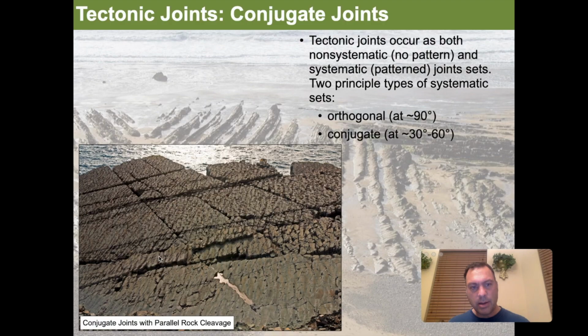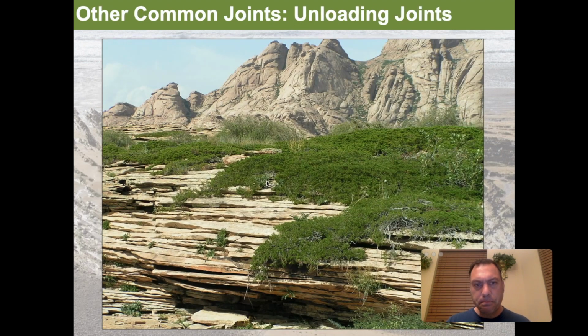And so it allows this rock to break apart in parallel planes, which is roughly, if you think about this X here as being kind of orthogonal like this, and then you put an XY axis around it, these are kind of following the X axis right here. It's pretty interesting stuff. So parallel rock cleavage is definitely present here.